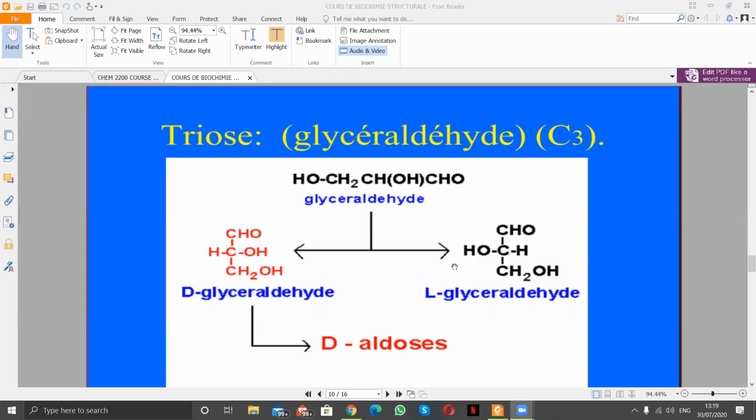A carbon asymmetry is simply a carbon which is bonded by 4 different radicals or elements, so to say. What do I mean by 4 different elements? If you see here, this is a carbon. It has been bonded by 4 different constituents.